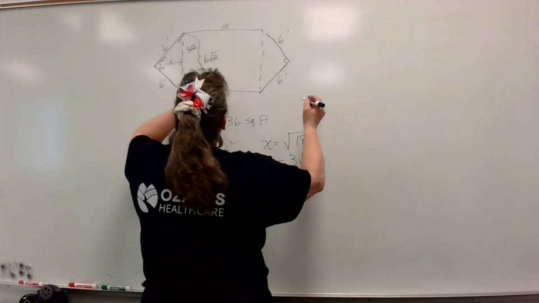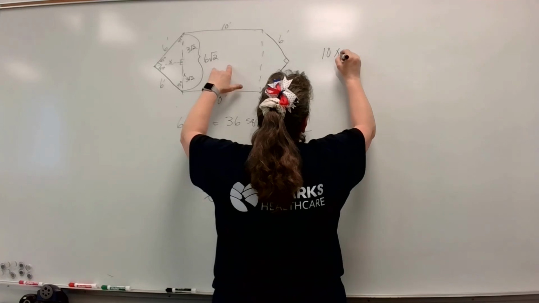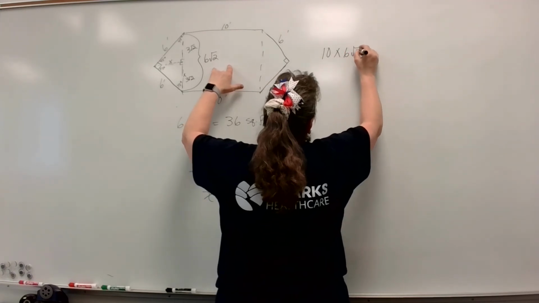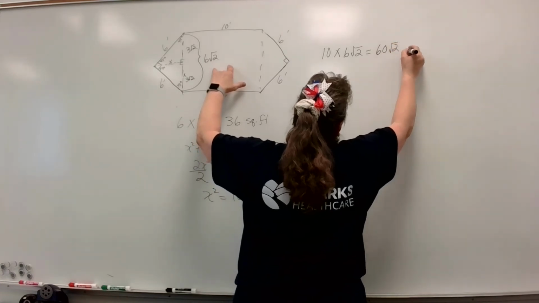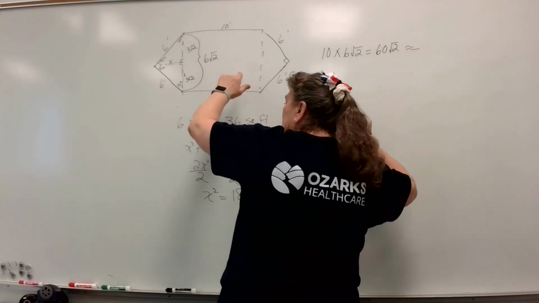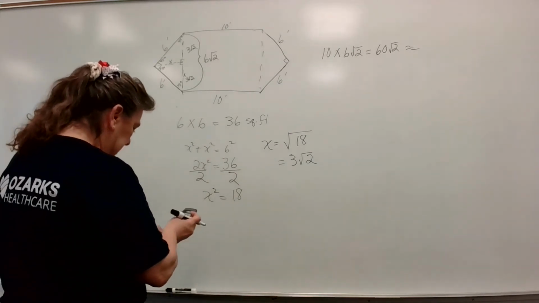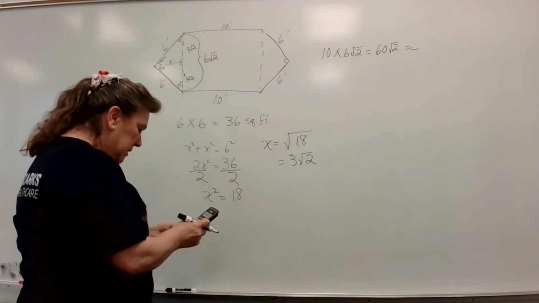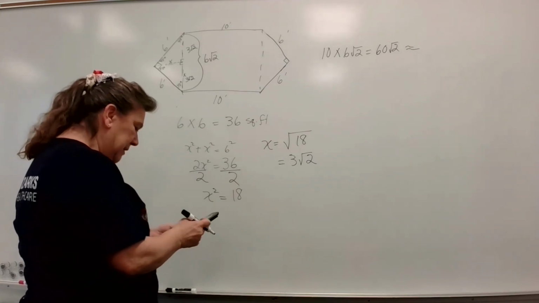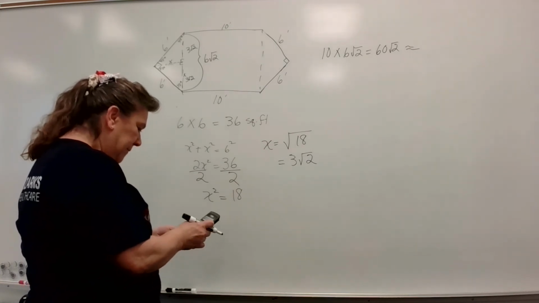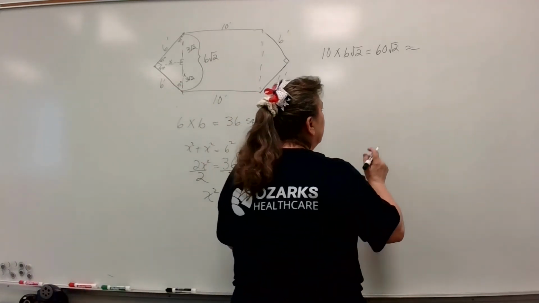So now I have the area of this center piece, this rectangle, is 10 times 6 square root of 2, which is equal to 60 square root of 2, which is approximately equal to, let's see what that's approximately equal to. 60 times the square root of 2, well, let's turn it back on again, is 84.85.